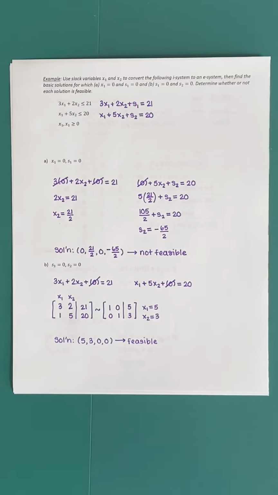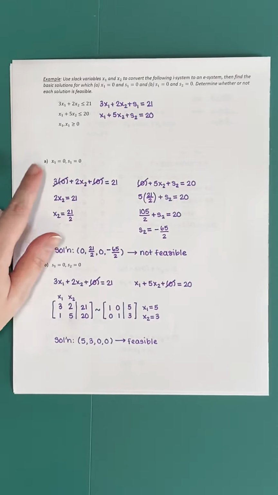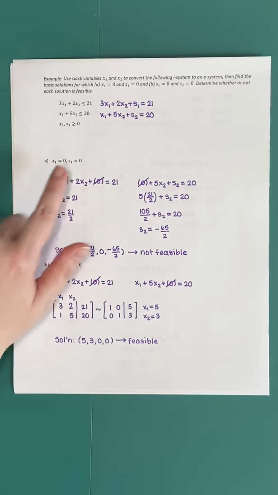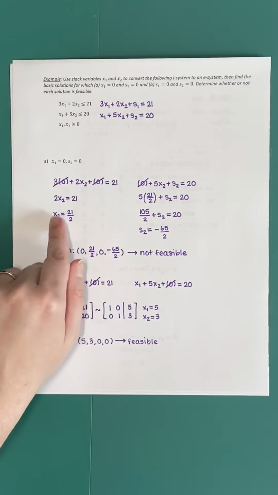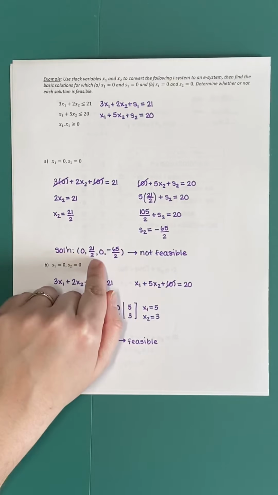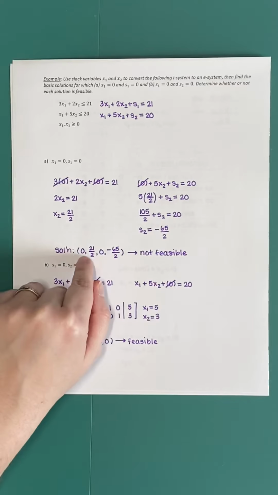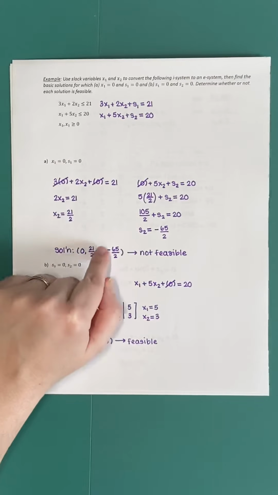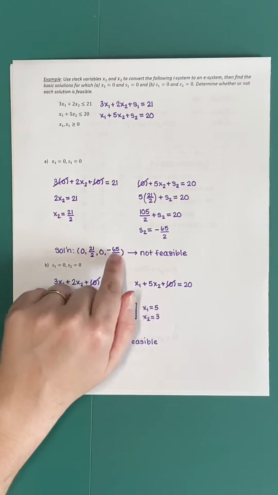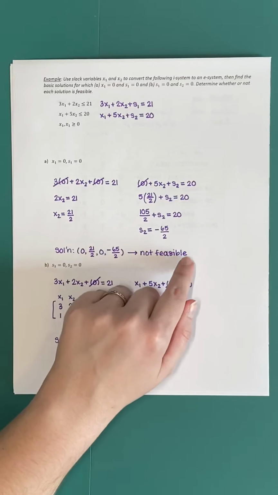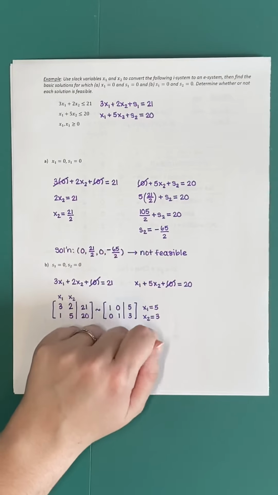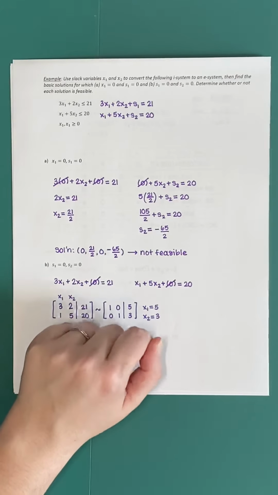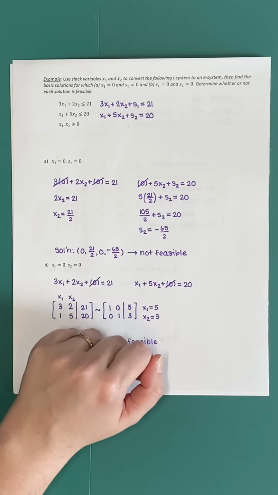So our basic solution, based on these given values for x1 and S1, is going to include an x2 value of 21 over 2. So x1 is 0, x2 is 21 over 2. S1 was given as 0, so the next coordinate is going to be 0. And then the last coordinate, S2, that we solved for, is going to be negative 65 over 2. So the question is, is that solution feasible?